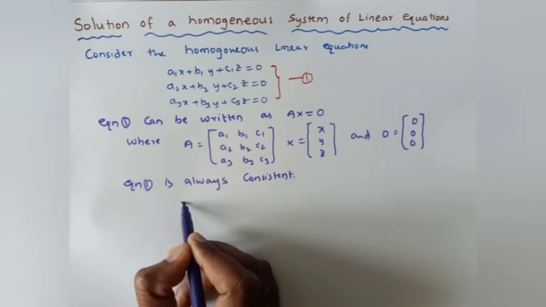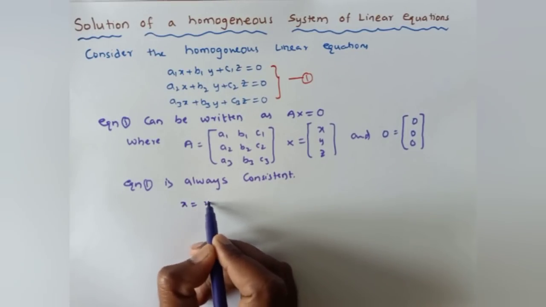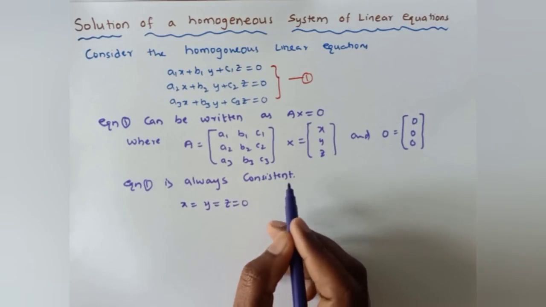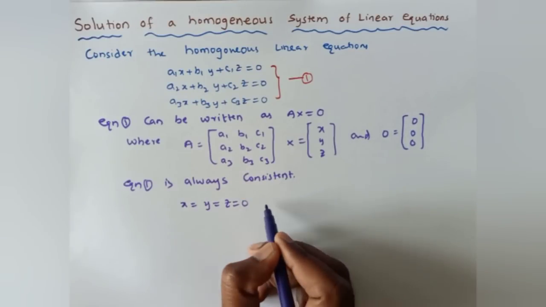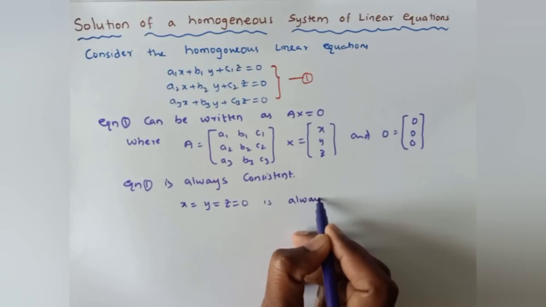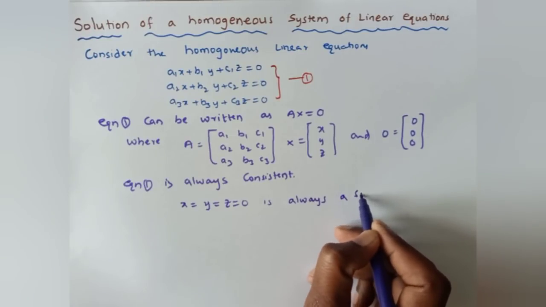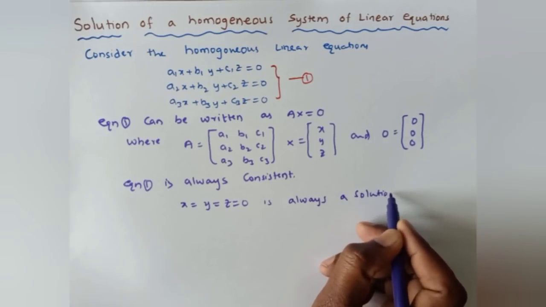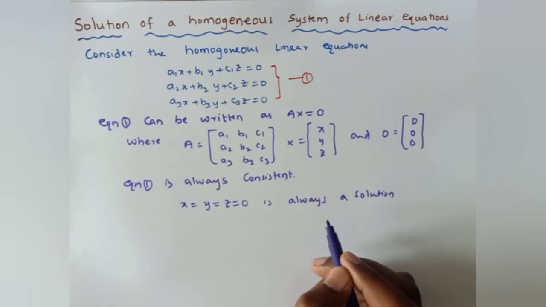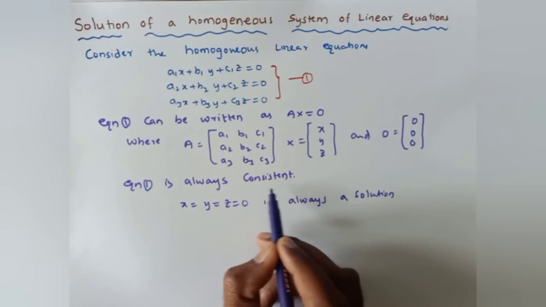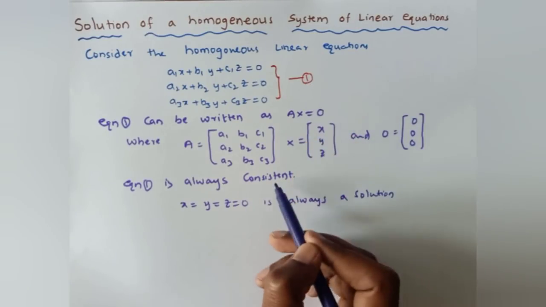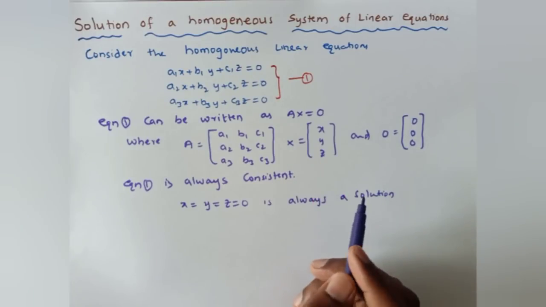So therefore this always has a solution. In fact x equals y equals z equals 0 is always a solution for this system. Whereas in the non-homogeneous system, there is a unique solution or infinitely many solutions under the consistent case. So the homogeneous system is always consistent, and there are compulsorily two cases.